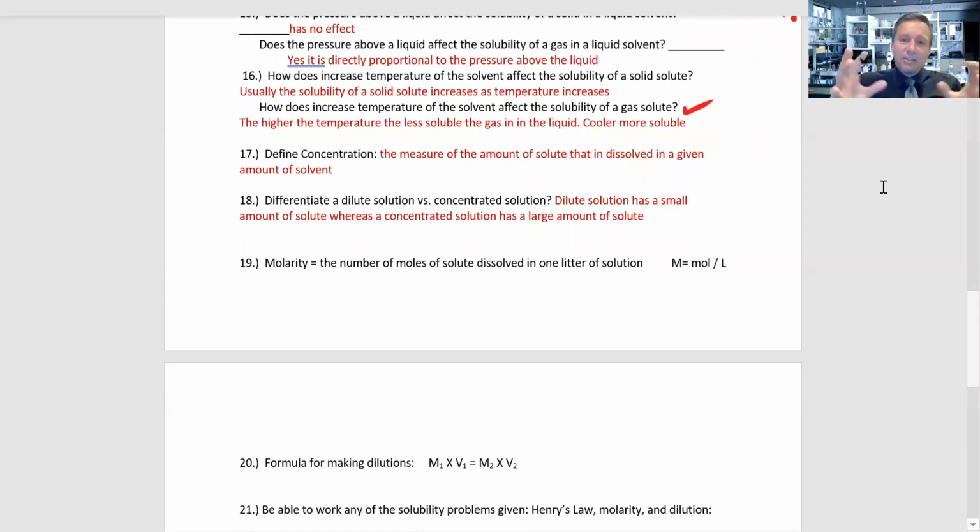Because now you have the particles of that liquid, that solvent, moving rapidly and striking the gas particles that are in there and causing them to escape. So the cooler the liquid, the more soluble. So it's the opposite of a solid. Temperature has the opposite effect on a gas. The cooler the solvent, the more gas will dissolve.